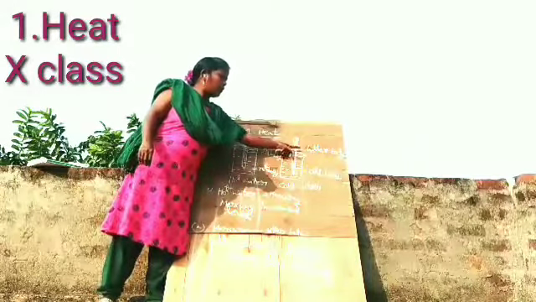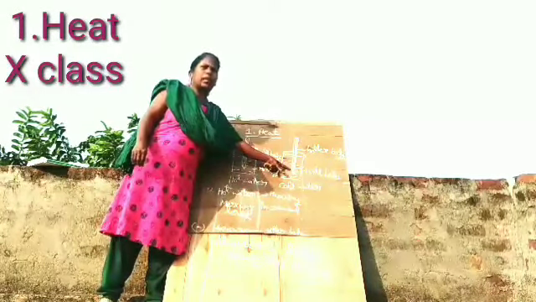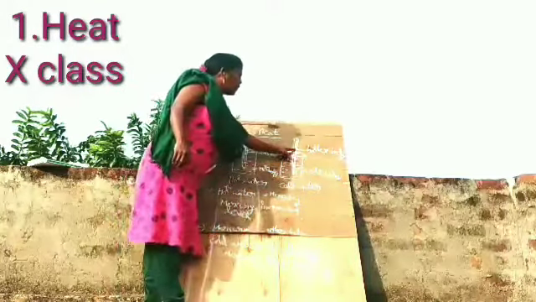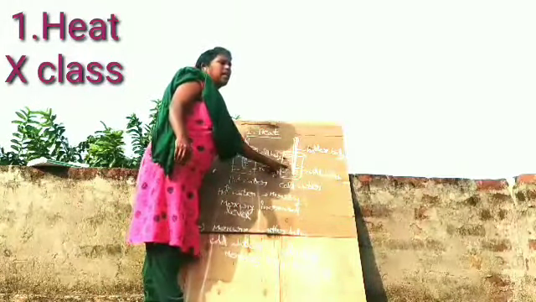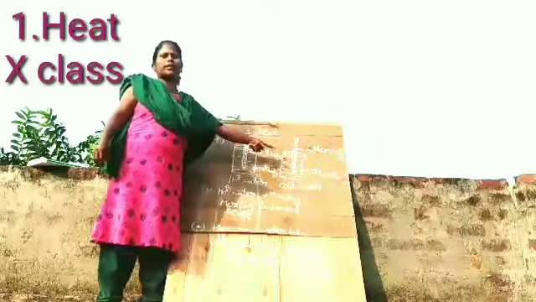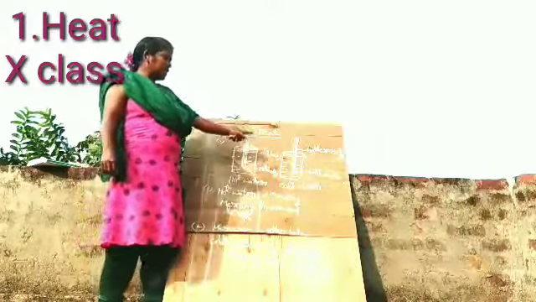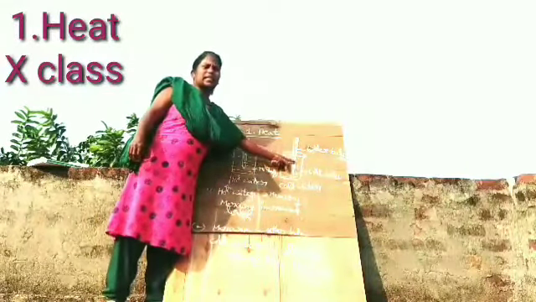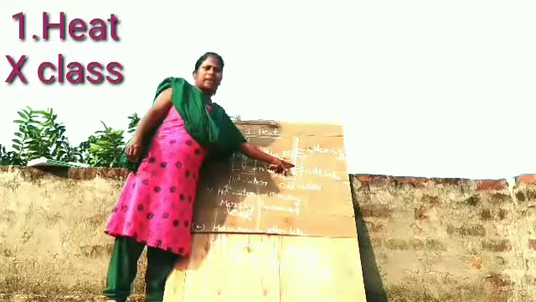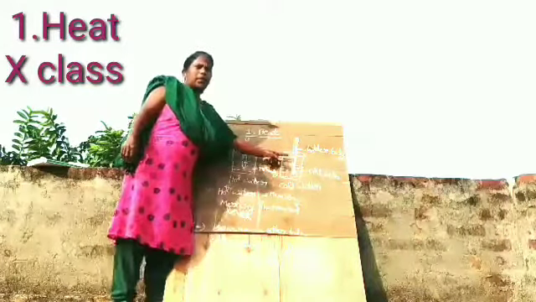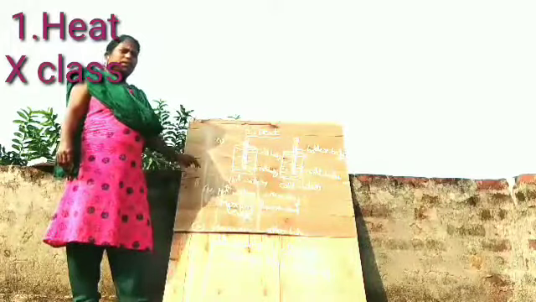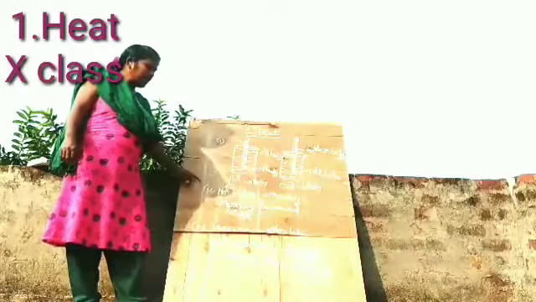Heat flows from the hotter body to the colder body, from mercury to cold water, until they reach the thermal equilibrium stage. That's why the mercury level decreases. Do you understand? So this is about this activity.